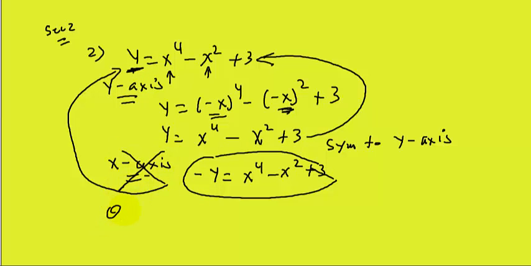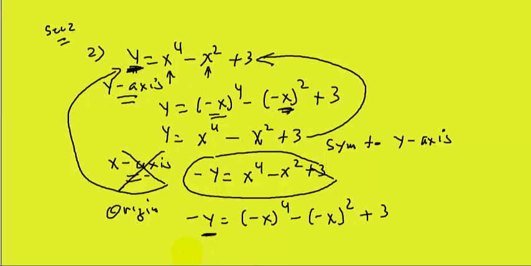Now, how do you check for the origin? We're going to do both of them at the same time. So we're going to turn y into a negative y. We're going to turn all x's into negative x's. Plus 3. Now, if after I clean this up, it still turns out to be the same, then it's symmetric to the origin.